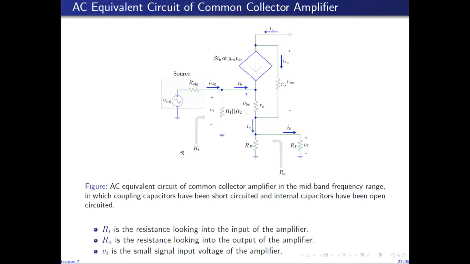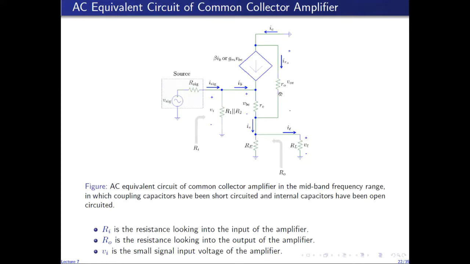And unlike most of the other configurations, for example, strictly speaking, the common base amplifier as well as the common emitter amplifier are also not unilateral. But in the case of the common base amplifier and fully bypassed common emitter amplifier, if we ignore R naught, then the resulting circuit becomes unilateral.